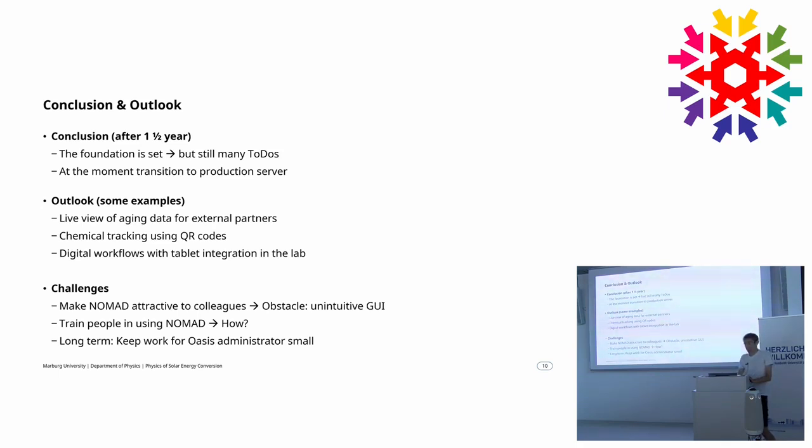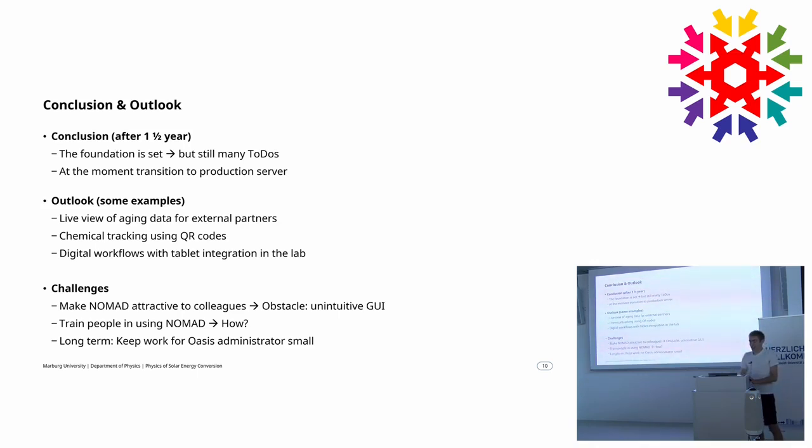Here are some examples, what ideas we have. So it would be nice if for external partners, they send us cells for aging. And it would be nice if they just could go to our NOMAD Oasis and see live how their cells are dying, or hopefully not dying, and how the cells are aging.